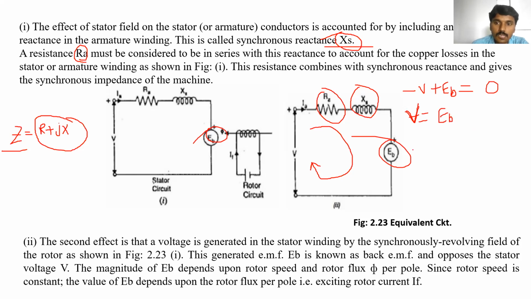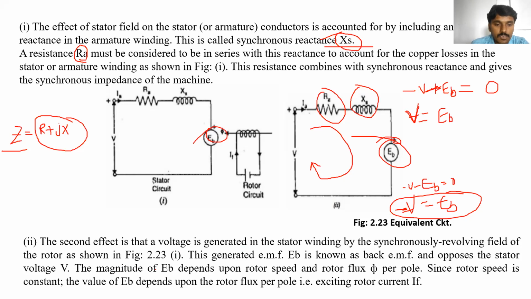The polarities are reversed, so minus V minus EB is equal to 0. Here the back EMF always opposes the terminal voltage, the supplied voltage. The polarity should change here.